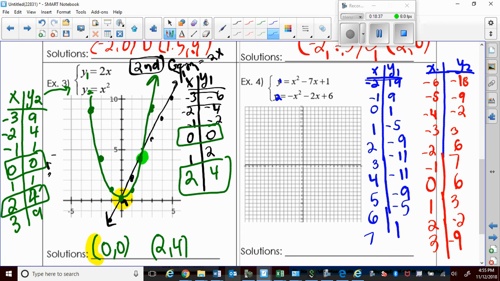So I can't graph this, but over 1, up 9, I can graph that.